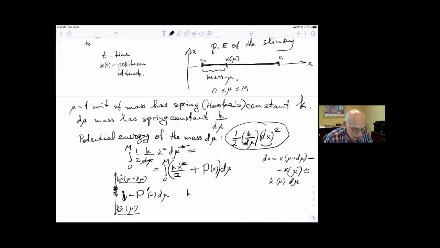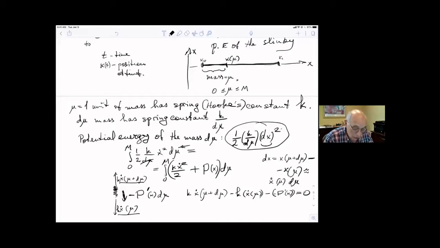So k x dot at mu plus d mu minus k x dot at mu, this is the down force, minus negative p prime of x. I'm maybe messing up.